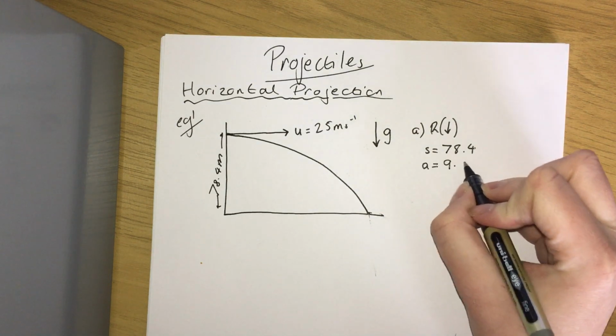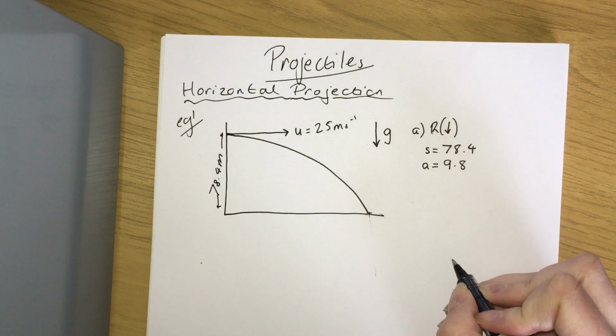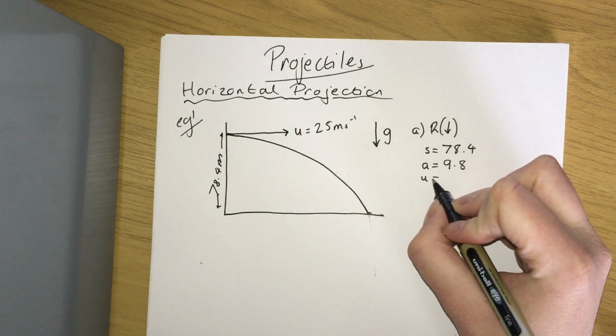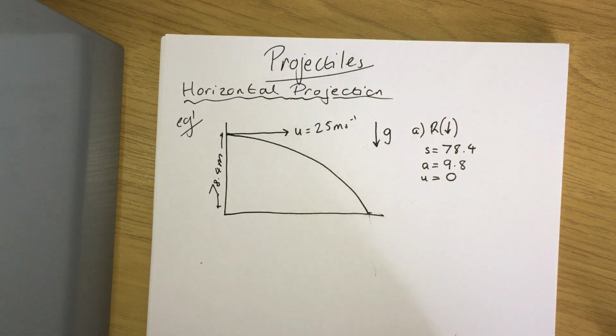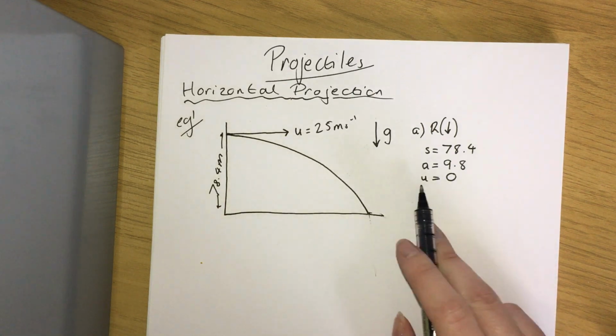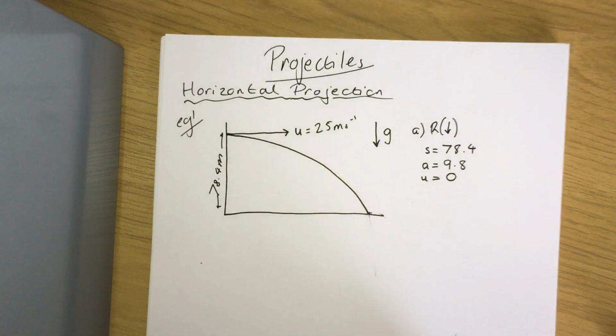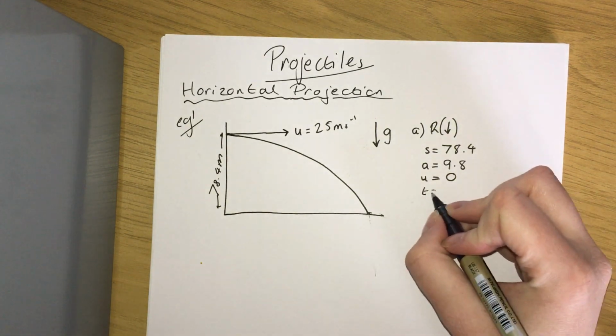I know the vertical acceleration is 9.8 metres per second squared. The initial velocity vertically is 0, so initially there's no vertical velocity at all to start with. The vertical velocity changes due to gravity. So my initial velocity is 0, and t is what I'm finding out.